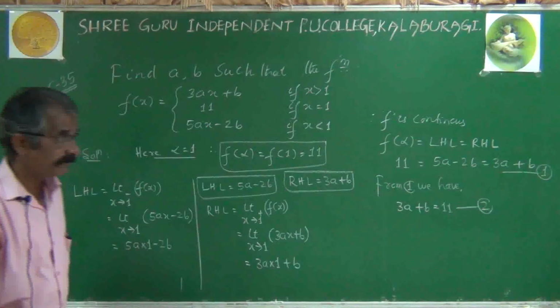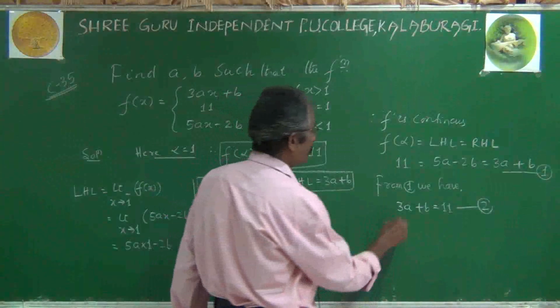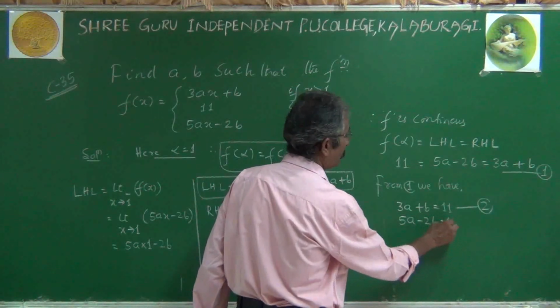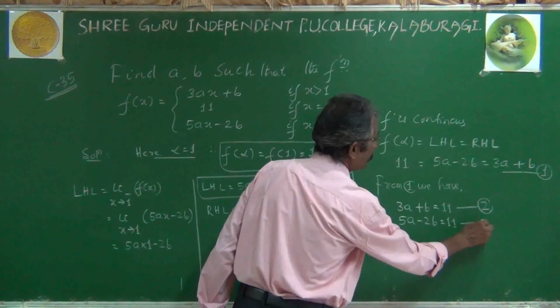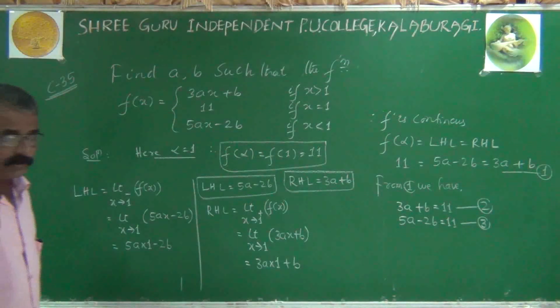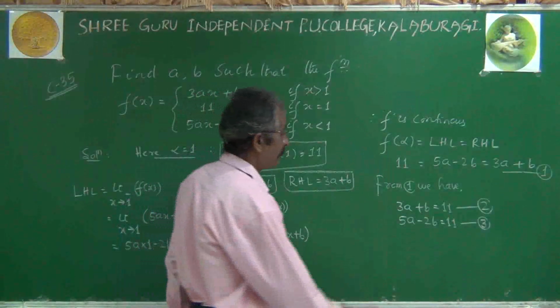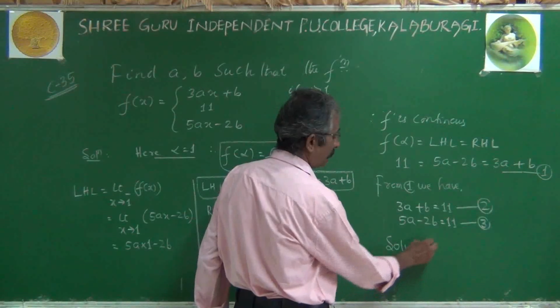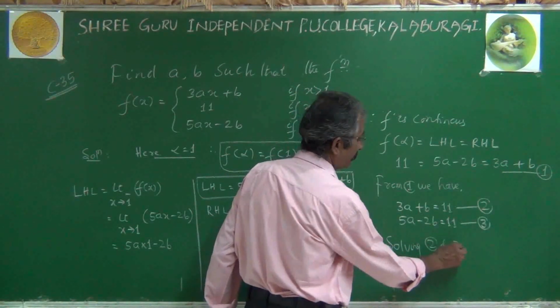And also from the same equation 1, 5a minus 2b is also equal to 11, call it 3. Now let us solve equations 2 and 3 for a and b.